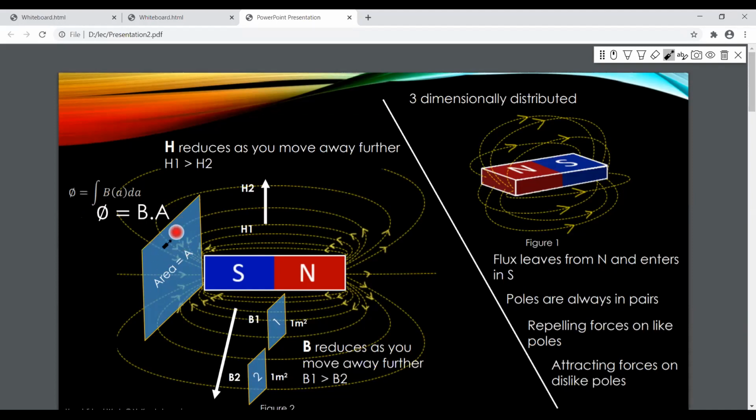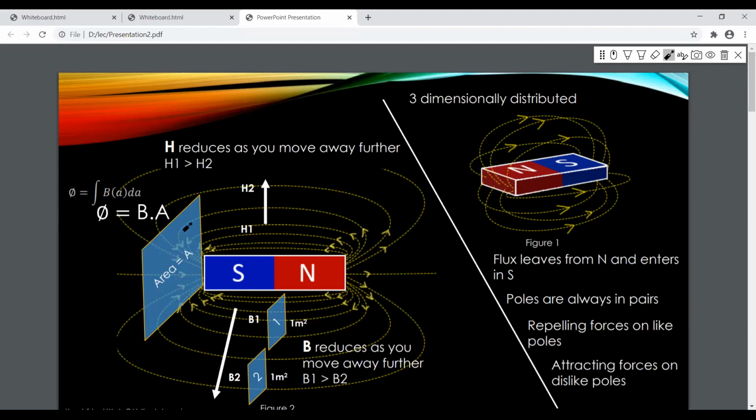For instance, if you want to know the total flux going through this plane here, you have to multiply the magnetic flux density in this area by the area itself, then you get the flux amount, right? So in this case, we assume that everywhere the flux density is constant.